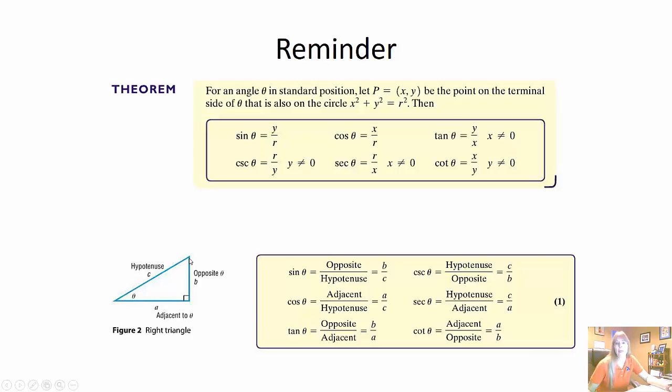If we're at a point right here, our y value would be the opposite, and our r, the radius, is the hypotenuse, so sine is opposite over hypotenuse. Cosine, being the x value, would be the adjacent over the hypotenuse. And tangent being the sine over the cosine, the hypotenuses cancel, and you get opposite over adjacent.